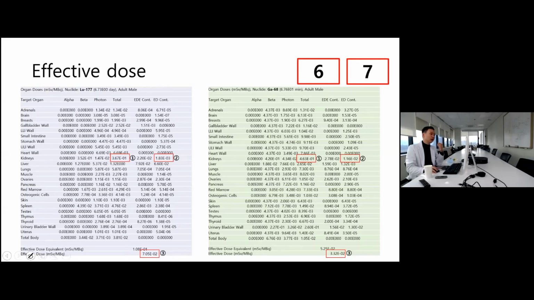So I have a brief question. For the left side, the lutetium result, what do you think is the most important component among these three doses?